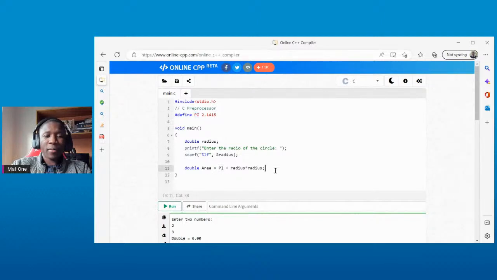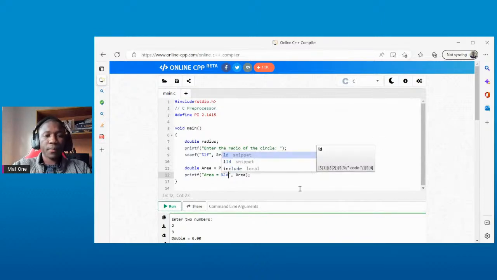So now we have the double, and let's say a scanf, a printf, and here we say the area of the circle is equal to this variable, and then we have this long double as well.